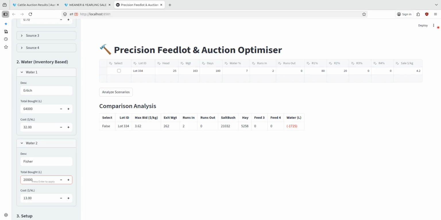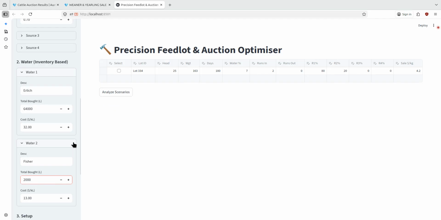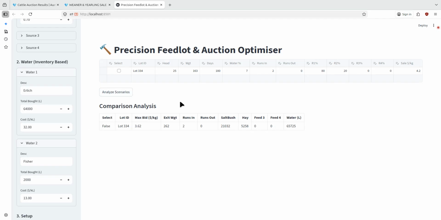The other thing is that with that figure over here, cash flow wise, if I'm really tight for money, I don't have to buy 20,000 litres, because I know that I'm only going to need 2,000, because that's what it's calculated for me here.